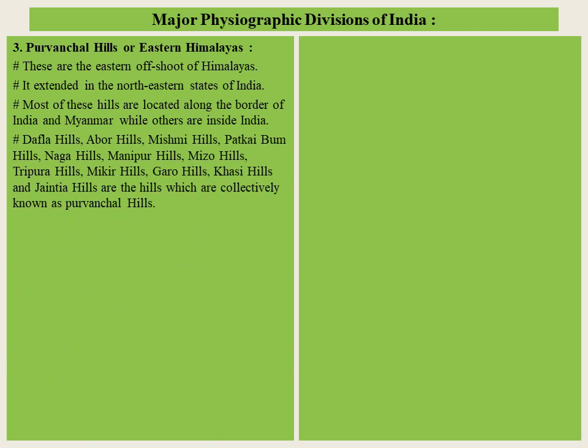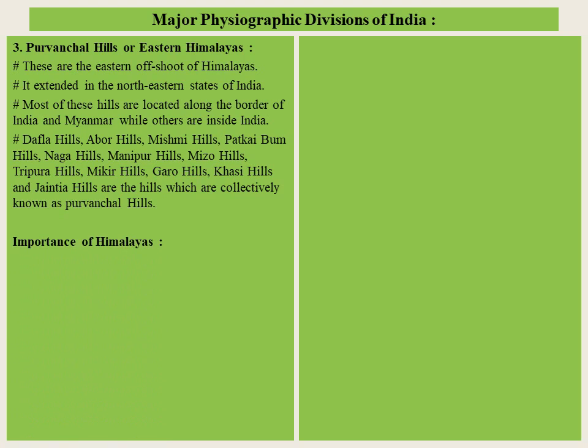Dafla Hills, Abor Hills, Mishmi Hills, Patkai Bum Hills, Naga Hills, Manipur Hills, Mizo Hills, Tripura Hills, Mikir Hills, Garo Hills, Khasi Hills and Jaintia Hills are collectively known as Purvanchal Hills.